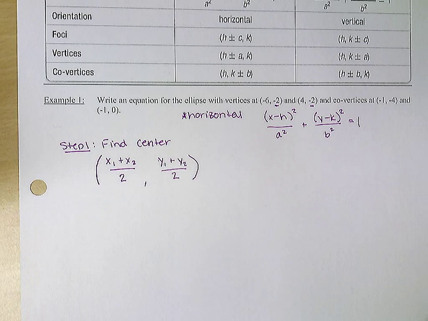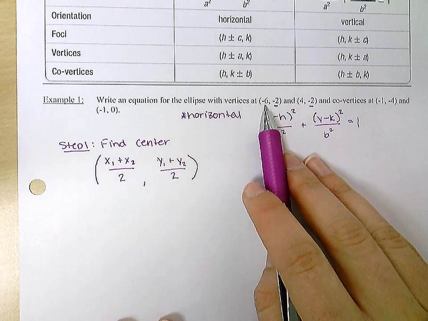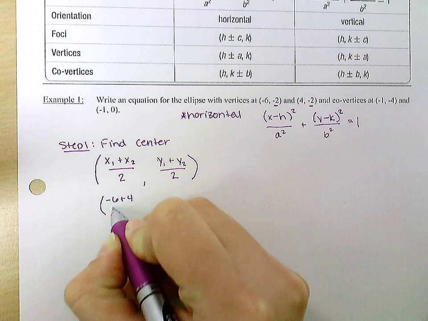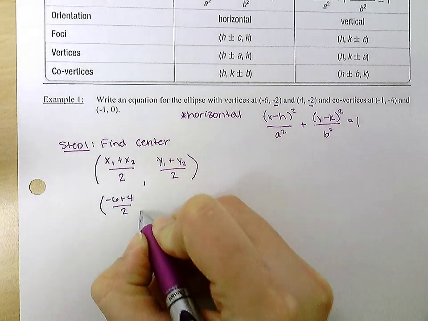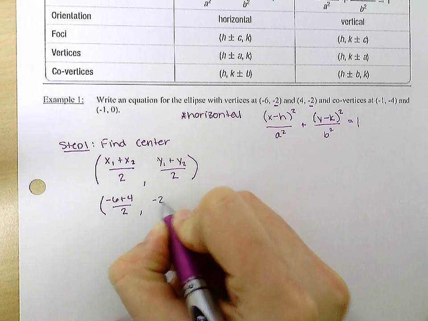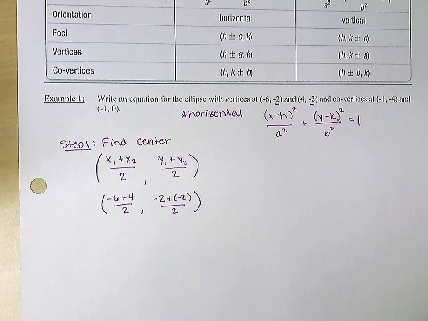It doesn't matter if you use co-vertices or vertices, I'm just going to use the vertices. So with my vertices, I want to average my x's. I'm going to add -6 plus 4 and divide by 2. Same thing with my y's: -2 plus -2 divided by 2.